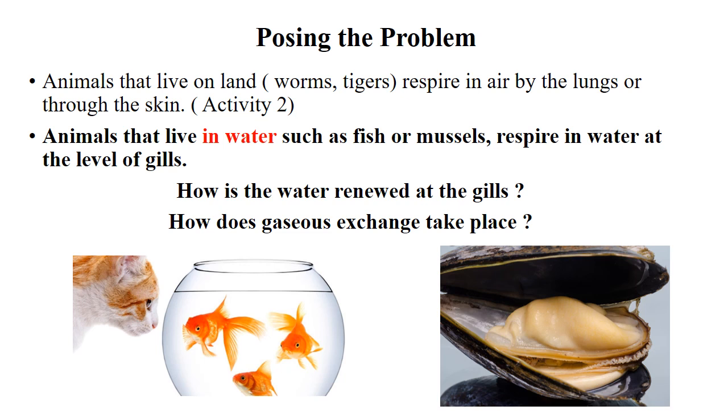And we said that insects depend on a special type of respiration called the tracheal respiration. What about aquatic animals? Animals that live in water, such as fish or mussels, respire in water through the gills.